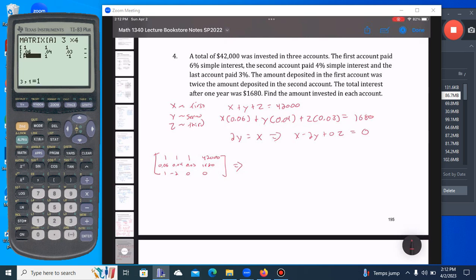And then 1, negative 2, 0, 0. So 42,000, 1680, 0, 1.03, 1.04, negative 2. In the first row, 1.06, 1.